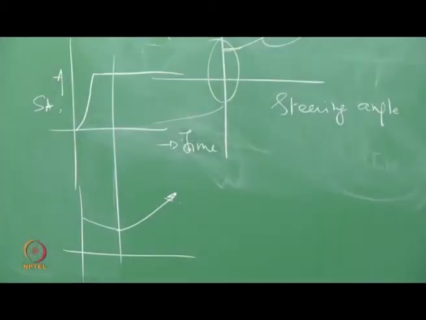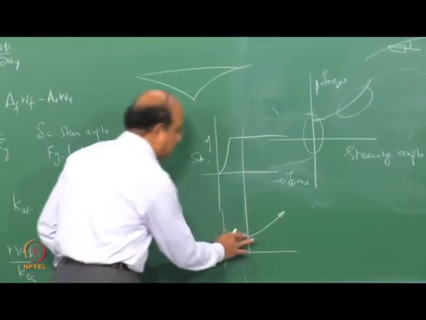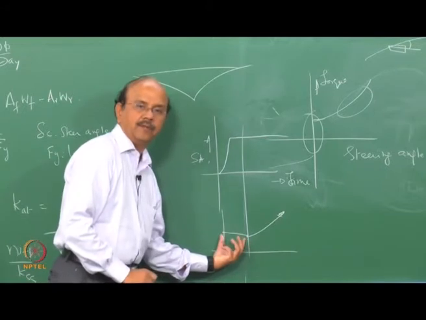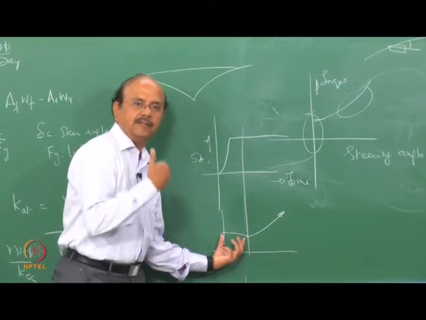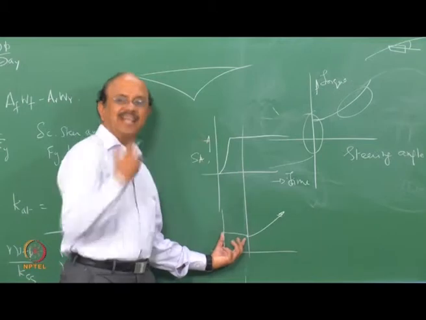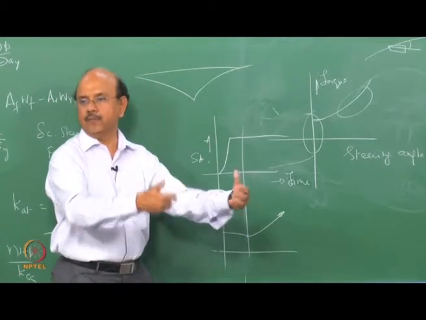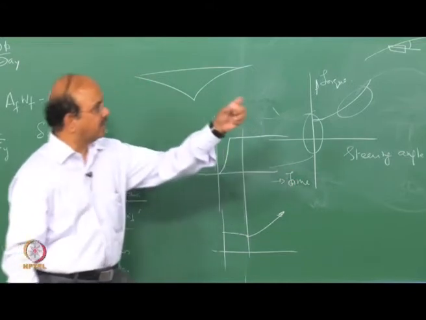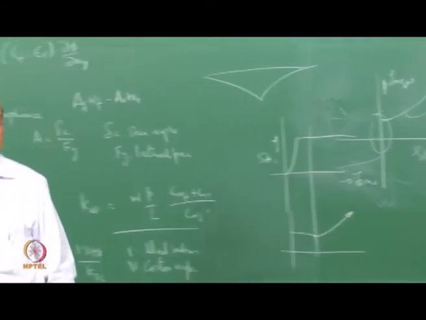If it goes, how much it goes is what we call a steering gain, but this time after which that vehicle realizes that there is a steering input and starts changing the course, that is what we call steering response.